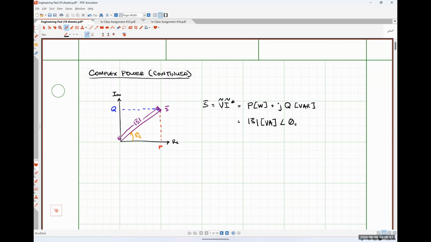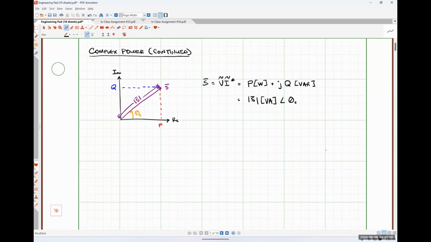So let's now talk briefly about alternative relationships. And this is what's going to help us sort out the roles of our different circuit components and how they function in a complex system, okay?